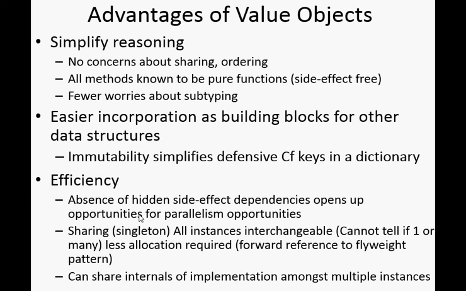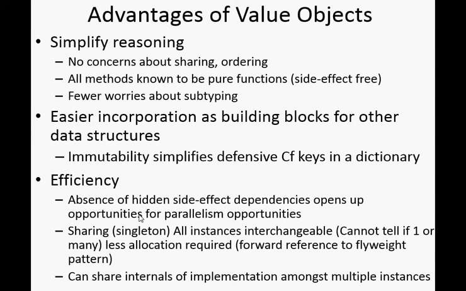It turns out that these sorts of objects have fewer worries in terms of sharing. All methods are pure functions, meaning you call them, they do some action, they return a value, but they're free of external side effects. From an external party, looking at the object, we haven't seen anything changed.